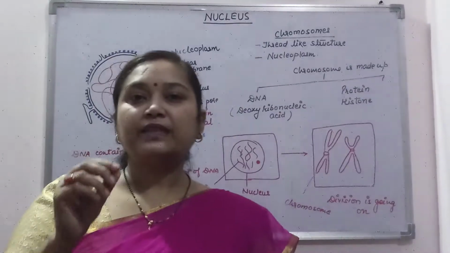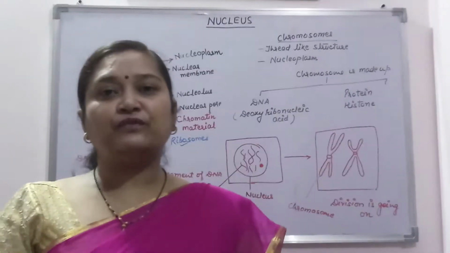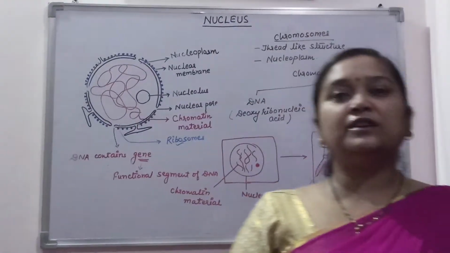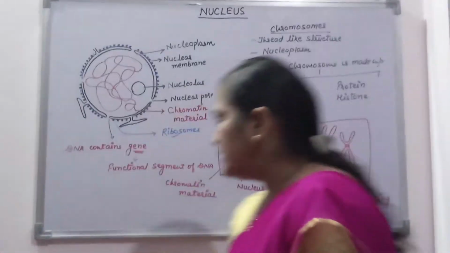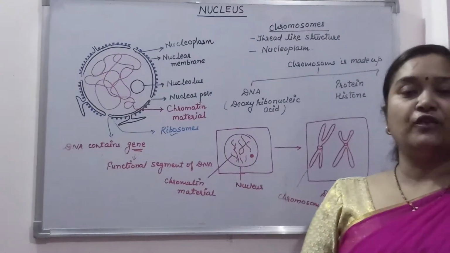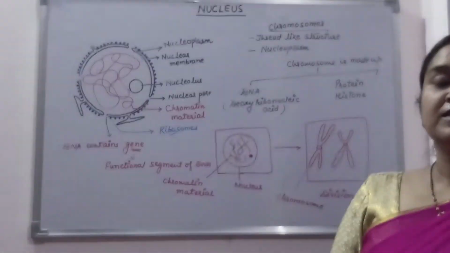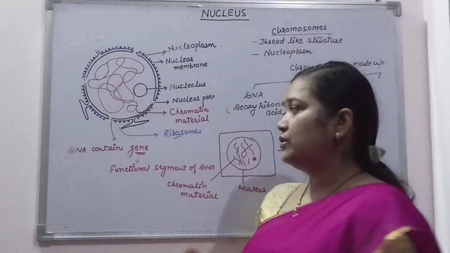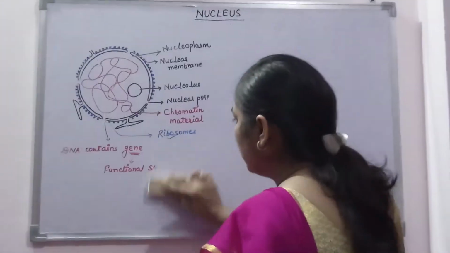Okay, before discussing the function of the nucleus, I am going to discuss the nucleus of the prokaryotic cell also. The structure that you are able to see on the blackboard is of the eukaryotic cell. But in the case of prokaryotes, like bacteria, there is no nuclear membrane. Okay student, there is no nuclear membrane, no nucleolus is there.